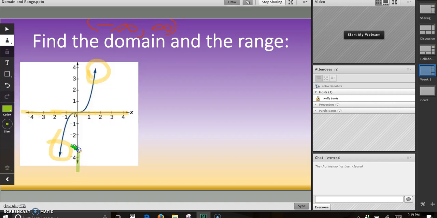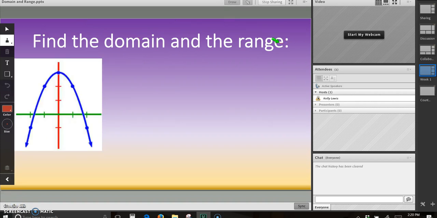We're going down, so we're looking for the smallest number. We have an arrow, so since we're doing the smallest number, it will be negative infinity. Negative infinity and positive infinity always have parentheses. And we're going up now, and the graph doesn't stop. We have an arrow, so now it's positive infinity. So the domain and range are the same on this one, negative infinity to positive infinity. It means all real numbers.